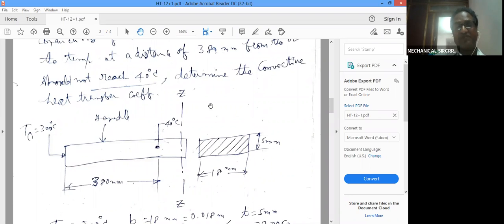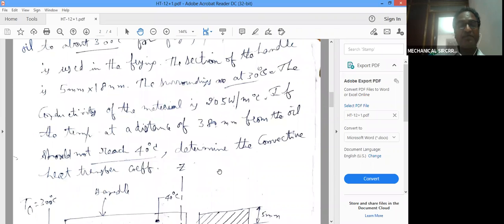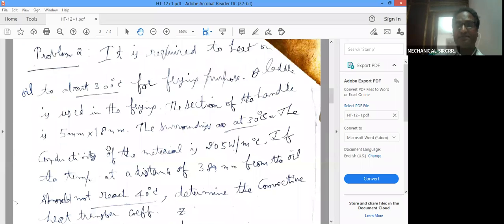If you observe the side view, this is a cross sectional area, a rectangular cross sectional lengthy fin. So the cross section is 18 mm into 5 mm, thickness 5 mm, width 18 mm.